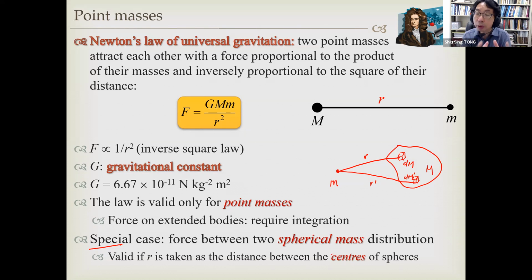But as long as the distribution is spherically symmetric, the distribution does not depend on angle, then the two bodies attract each other in a way that exactly obeys Newton's law of universal gravitation. But we should interpret the R very carefully. The R is actually the distance between the centers of the two spherical objects. Now, that requires integration. Newton, after doing a complicated integration, found that for a spherically symmetric object, Newton's law of universal gravitation does hold. So that is the triumph of using integration.